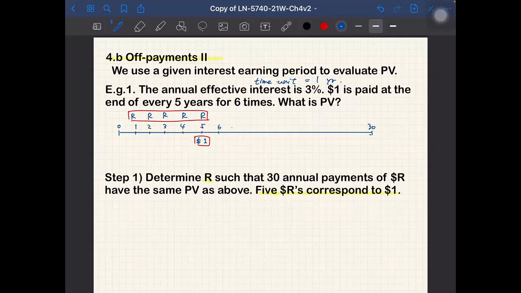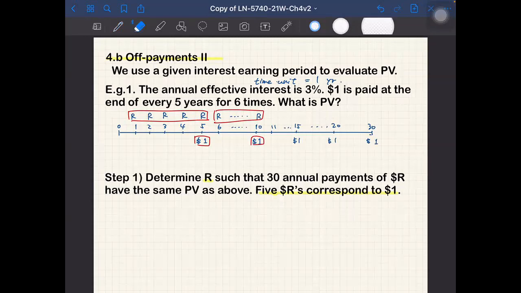And the subsequent payments, we do the same thing. We only have $1 every 5 years, but we think about the payment of $R every year, which corresponds to this $1. And we continue up to 30. So we have 25 and 30.